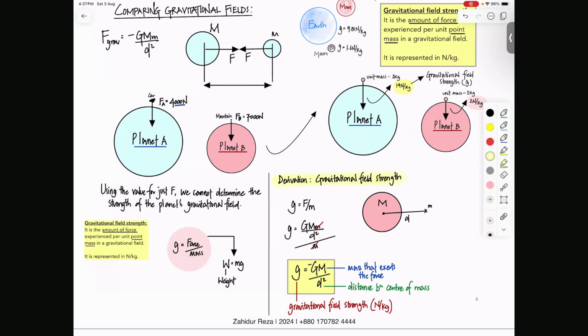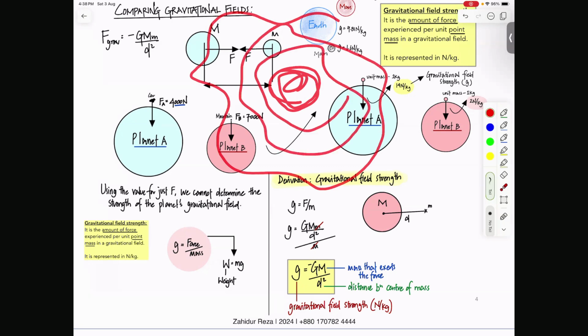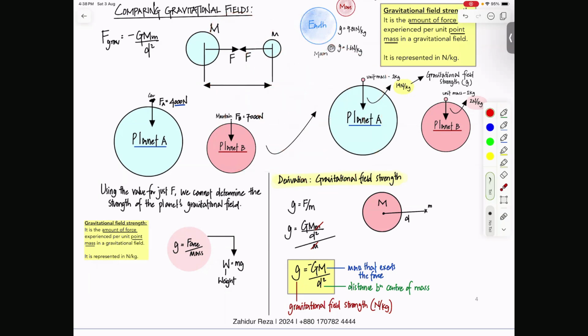Sometimes students have a question: why do we need this, when we already have the other formula? So the flaw with that equation is that it only helps you find forces and interactions when you know both the masses. But what if you have only a planet and you want to know how the field is varying around it? Just the field around it, not any other planet. The strength of it on its own.